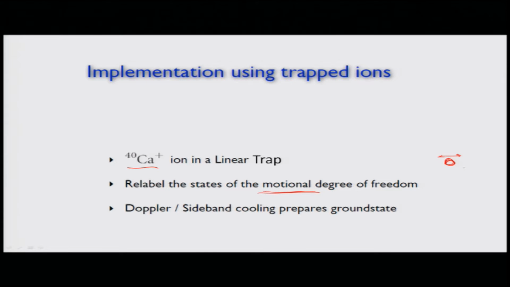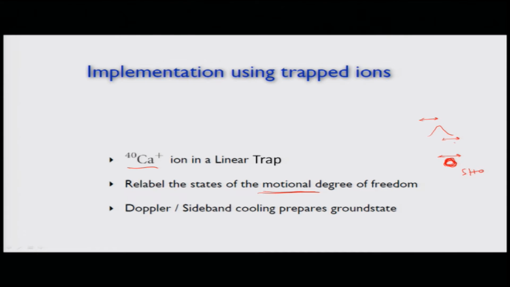Roughly, this is the simple harmonic oscillator condition of this trapped ion, which is to be set up in terms of the degrees of freedom, and Doppler sideband cooling is the way which prepares the ground state. Typically, whenever a laser interacts with this kind of trapped ion, it depends on whether the leading edge is doing the job or the trailing edge does the job, which is what is meant by the Doppler sideband part.